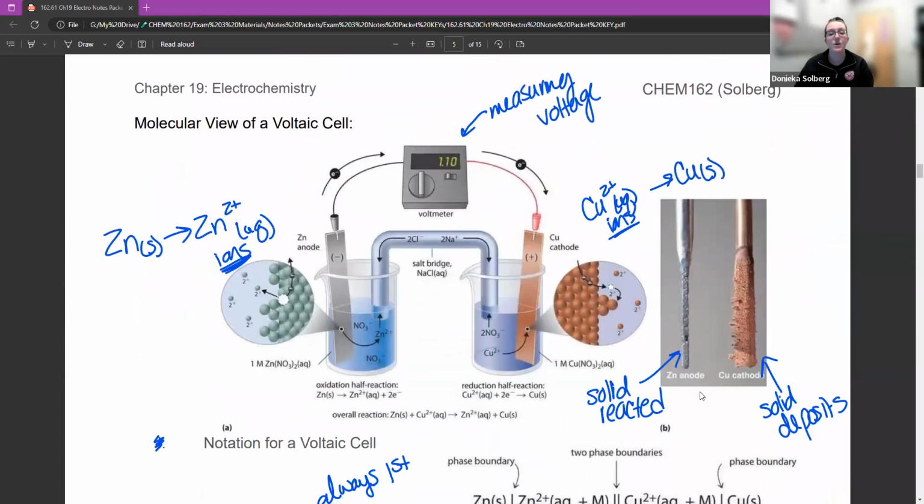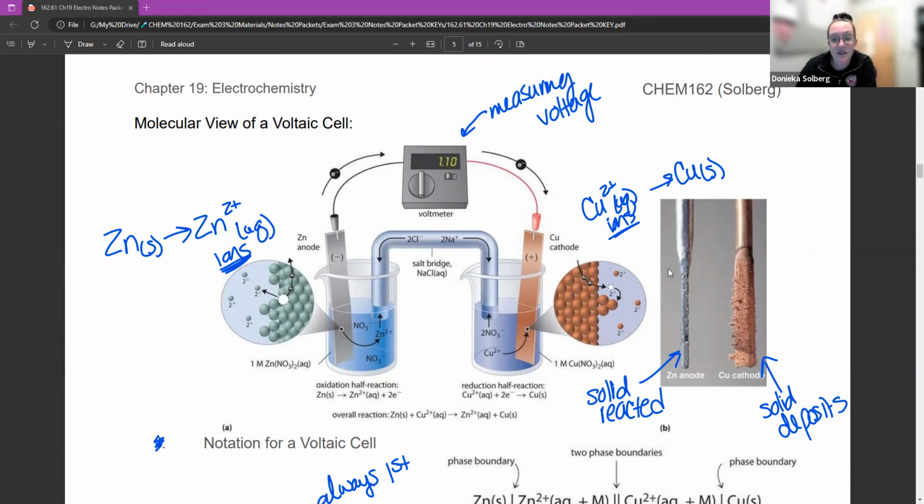Okay, so what you will notice is, yes, copper is going to plate or deposit onto that copper plate, but you're also losing zinc. On the molecular level, if you look at this little picture, the zinc atoms, which were solid, are turning into ions. They're popping off of the solid and dissolving as they turn into zinc 2 pluses, because that is soluble.